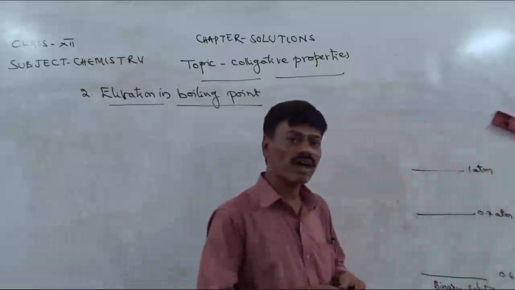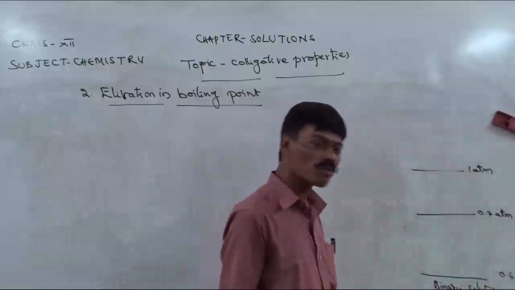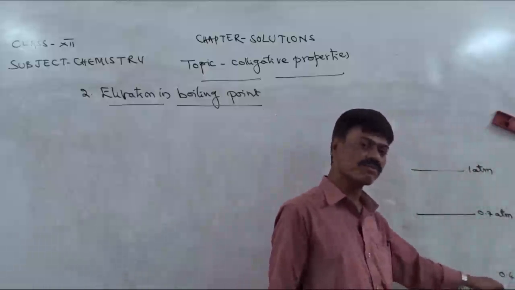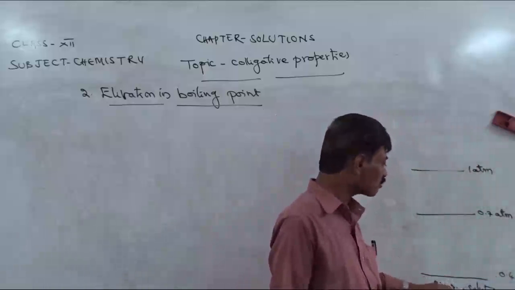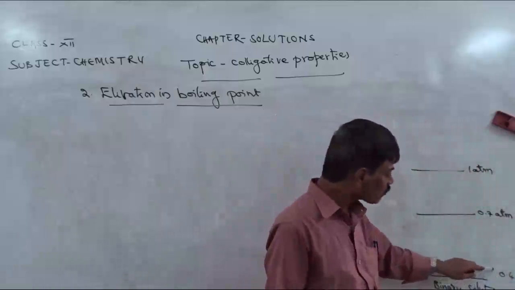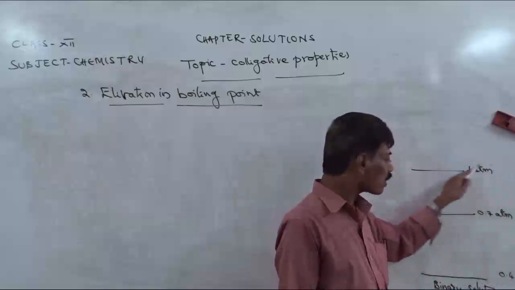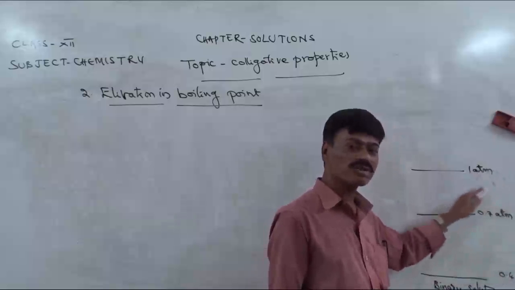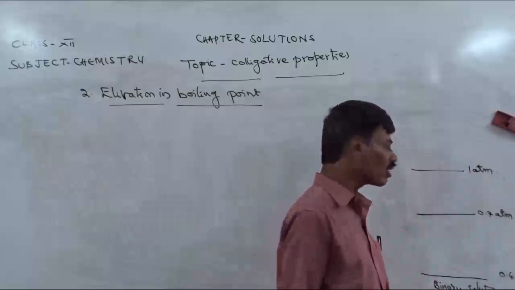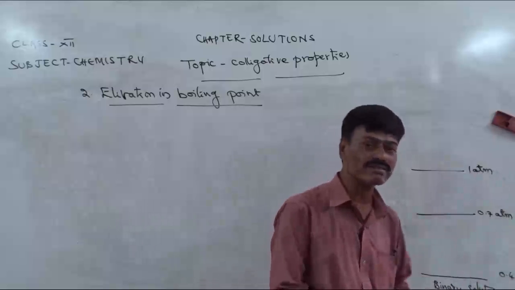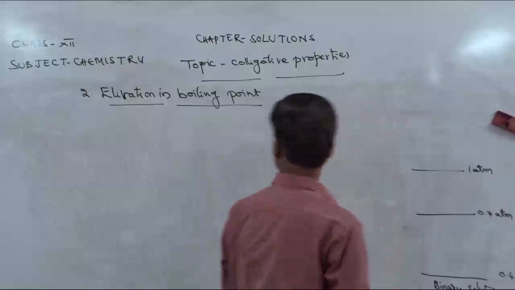As a result, vapor pressure will fall down to 0.4 atm. Again, we have to heat this binary solution so that its vapor pressure can reach 1 atm. For that purpose, we need to give a huge amount of energy. In that way, the boiling point of the binary solution gets elevated or increased.